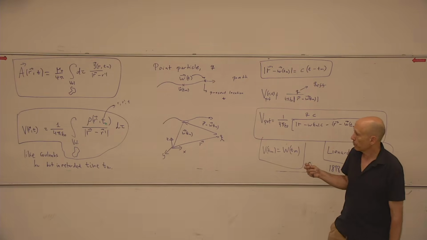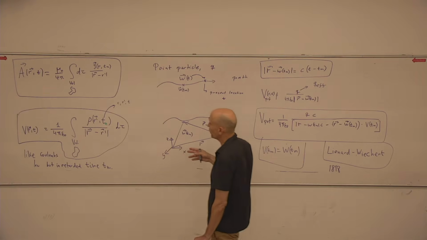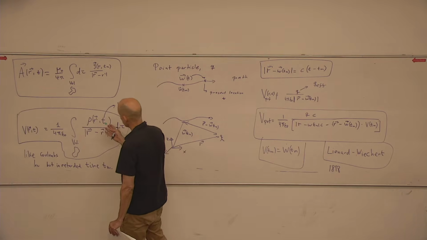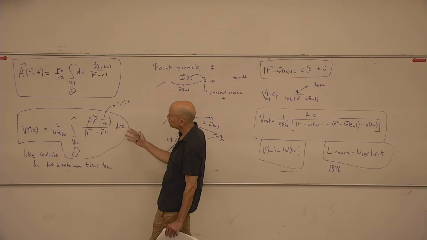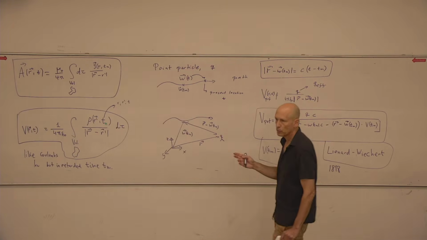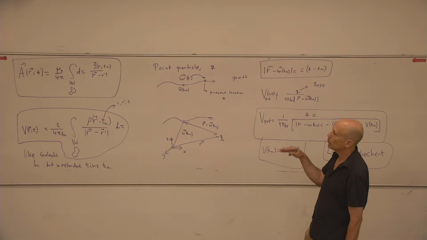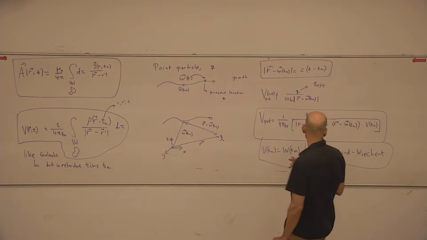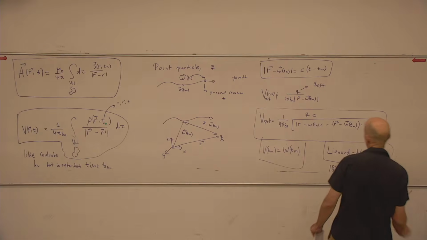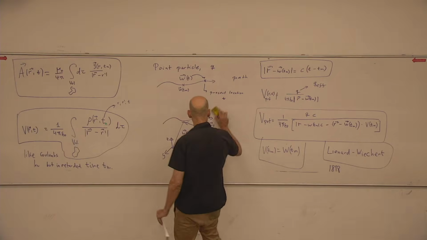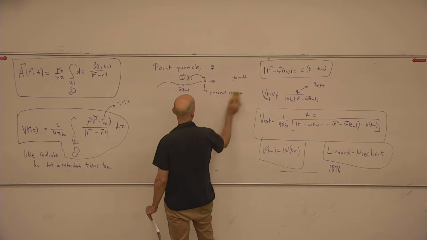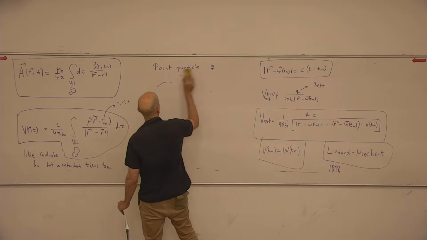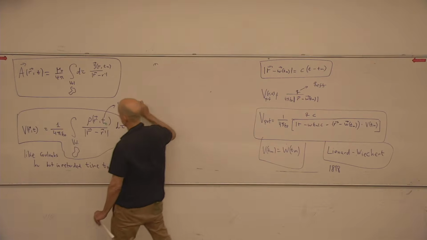So how do I get velocity from here? Maybe it's obvious and maybe it's not, but it is not. It actually comes from some Jacobian, as I will soon show. So this is not totally trivial.